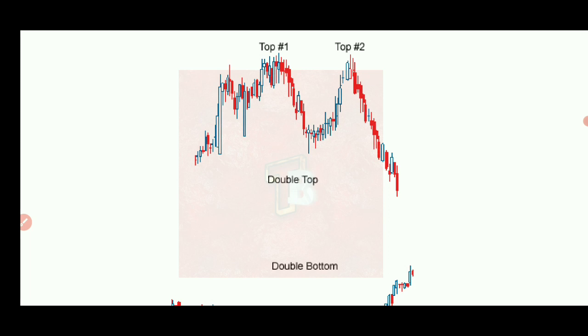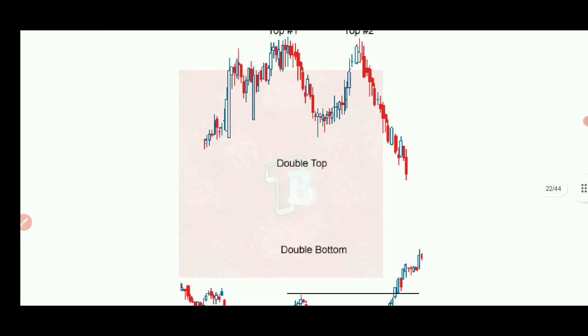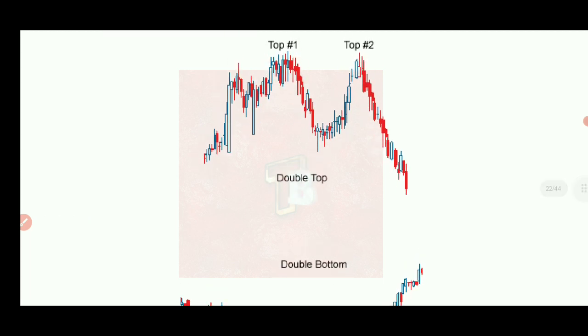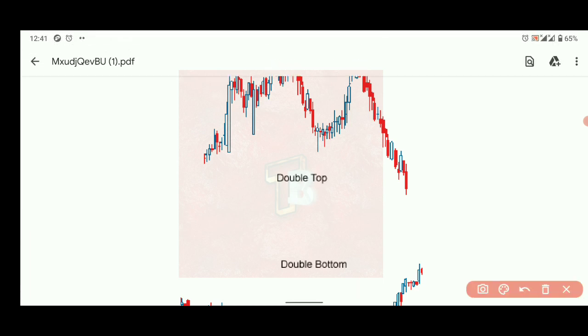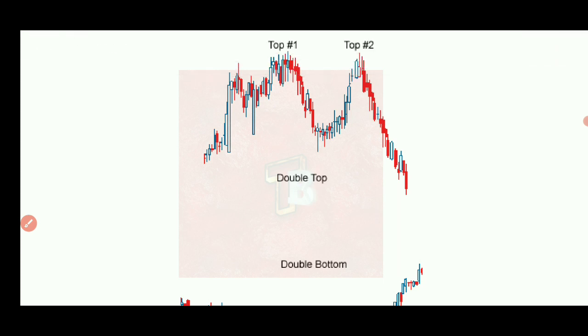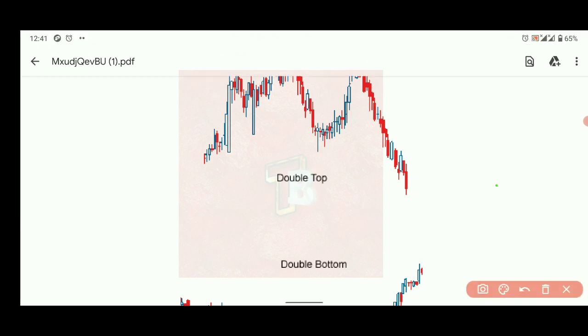All right, this chart pattern is actually a pattern that tells you that price has tested either your resistance or your support zone two times and was unable to break it. That's what this chart pattern tells you.